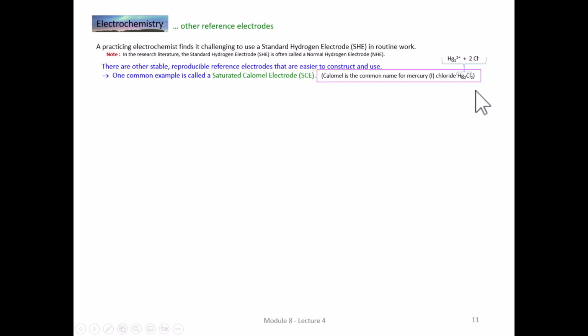If you look a little more closely at this compound, you find that it's 1 ion of a 2+ charge with 2 chlorides. This mercury 1 ion is actually 2 mercury atoms as a group with an overall 2+ charge, so each mercury has a +1 charge, thus the formula.